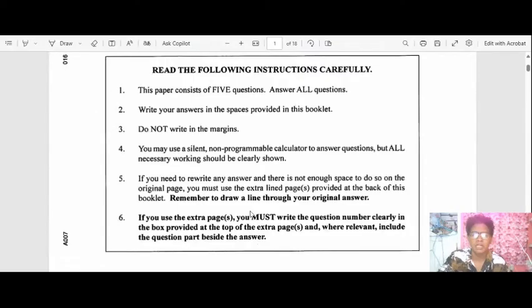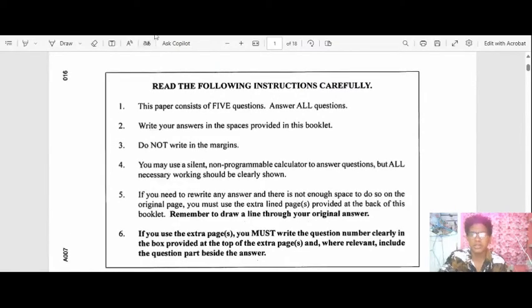So let's look at the instructions. It says this paper consists of 5 questions. Answer all questions. Write your answer in the space provided in the booklet. Do not write in the margins. You may use a silent non-programmable calculator to answer questions, but all necessary working should be clearly shown.